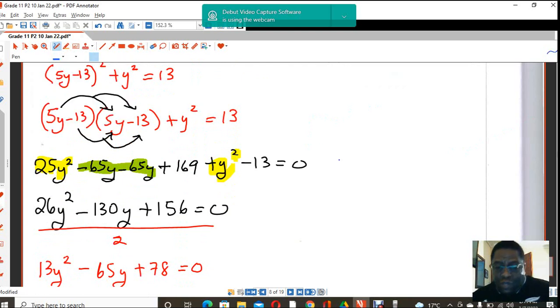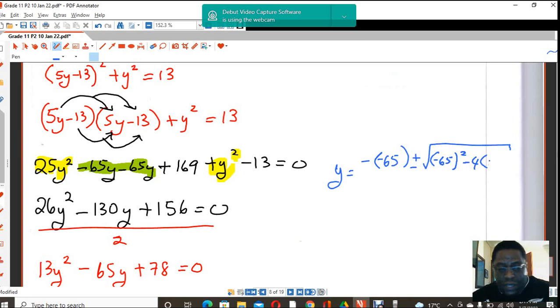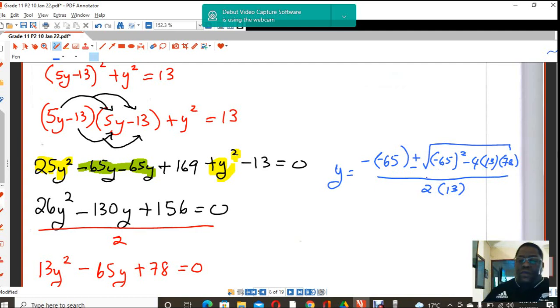So you're going to have y equals minus the value of b, which is minus 65, plus or minus the square root of minus 65 squared minus 4 times 13 times 78, everything over 2 times the value of a. Okay, you're going to get your 2 y values when you punch that in.